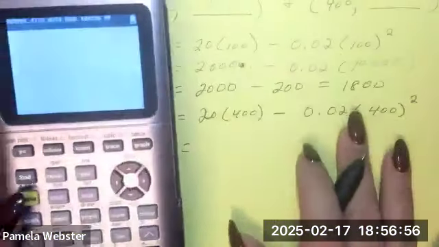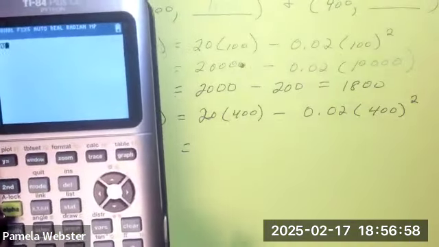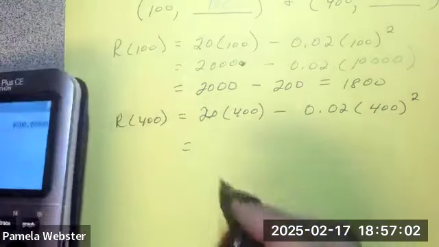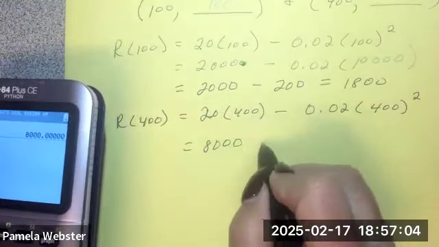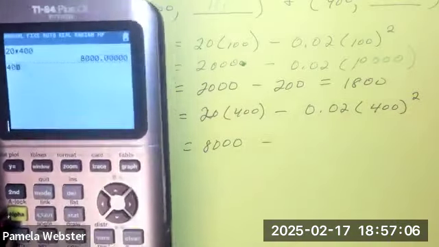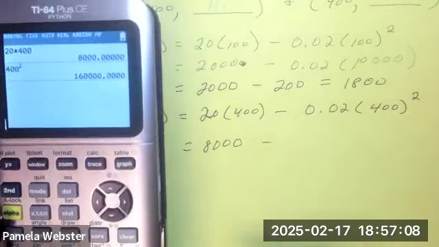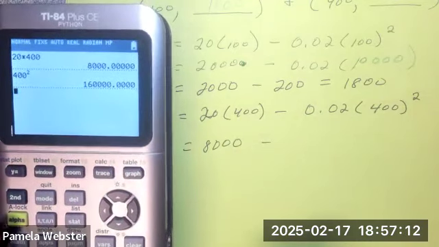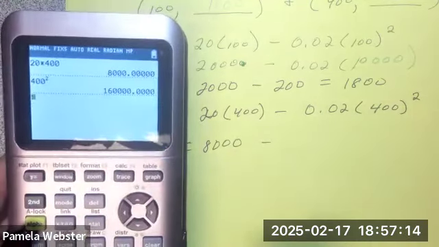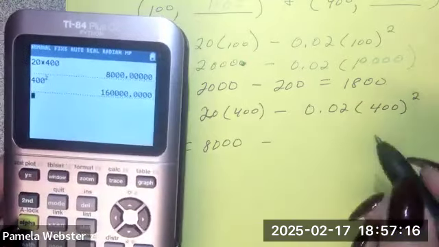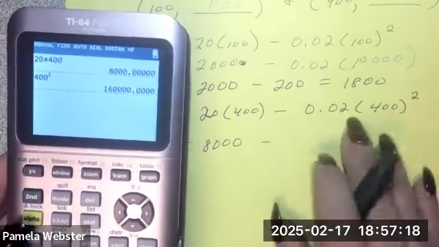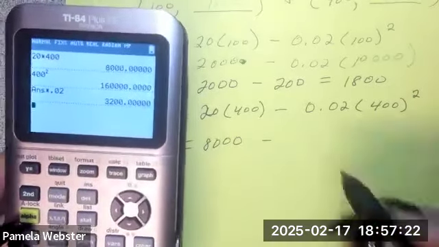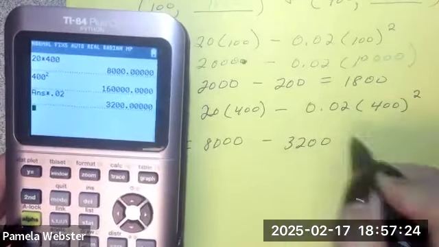Okay, so let's punch that on our calculator. I'm going to do it in pieces this time so we see it all. 20 times 400, that's 8,000, right? And 400 squared, that's 160,000 times the 0.02. Okay, so that's 3,200.